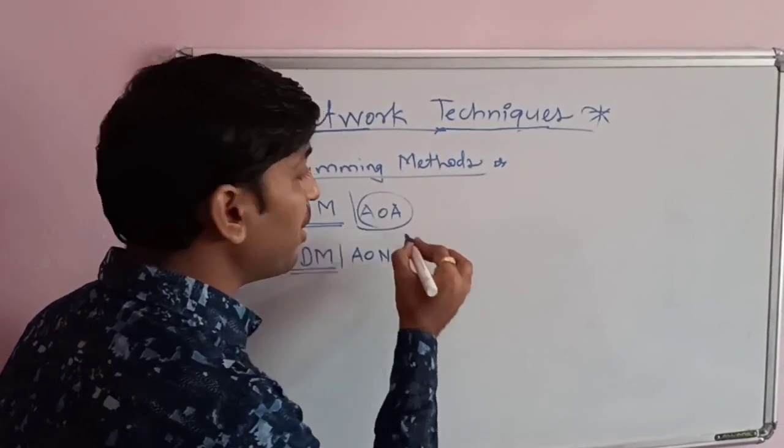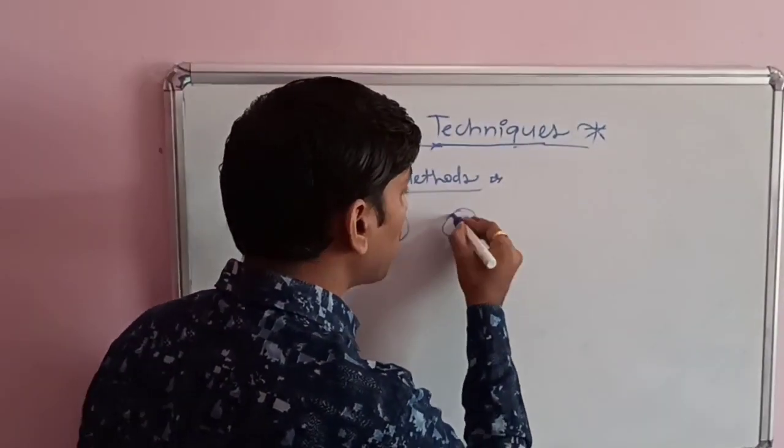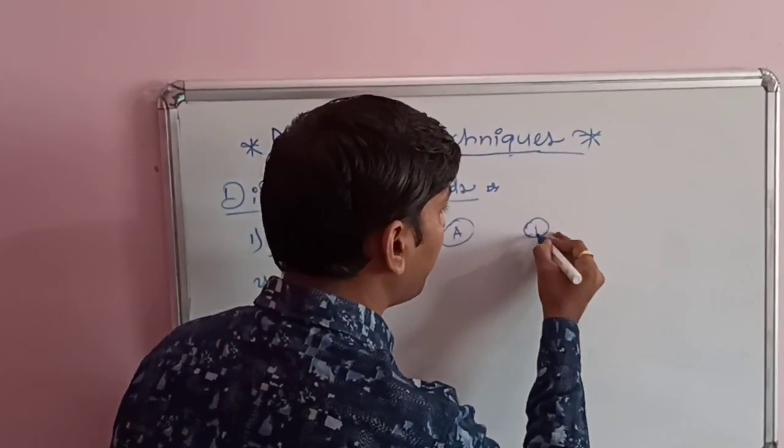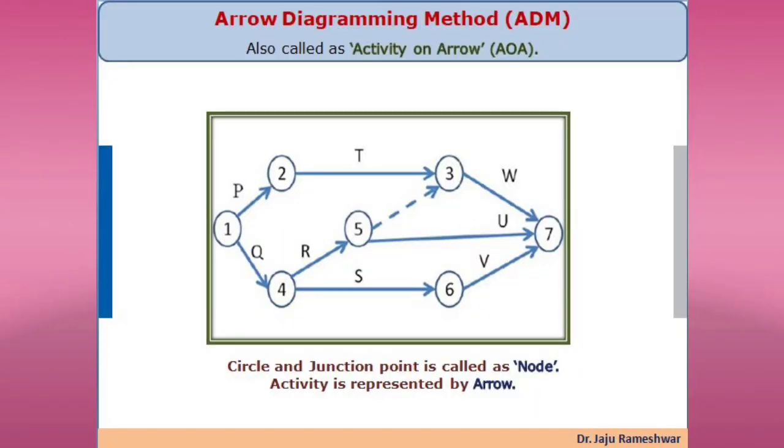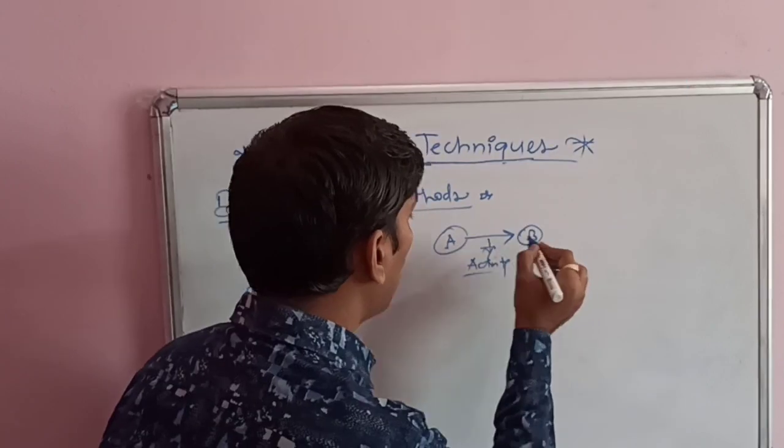So activity on arrow means there are two different activities, like activity A and activity B, and both are joined by an arrow. So here the circle and junction point is called a node in the arrow diagramming method, and activities are represented by the arrow.